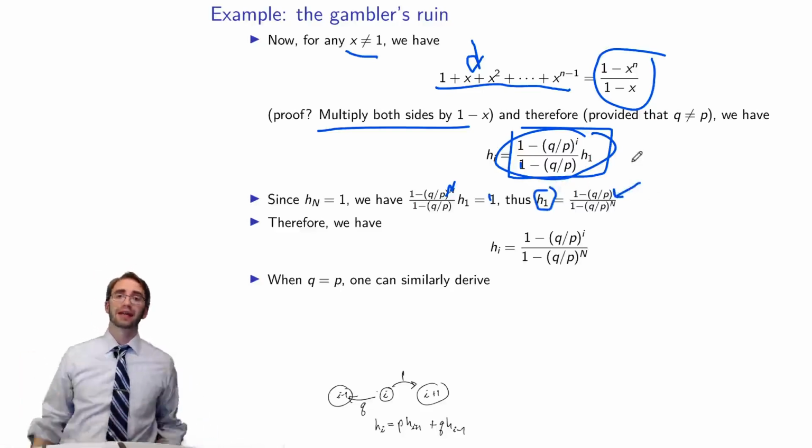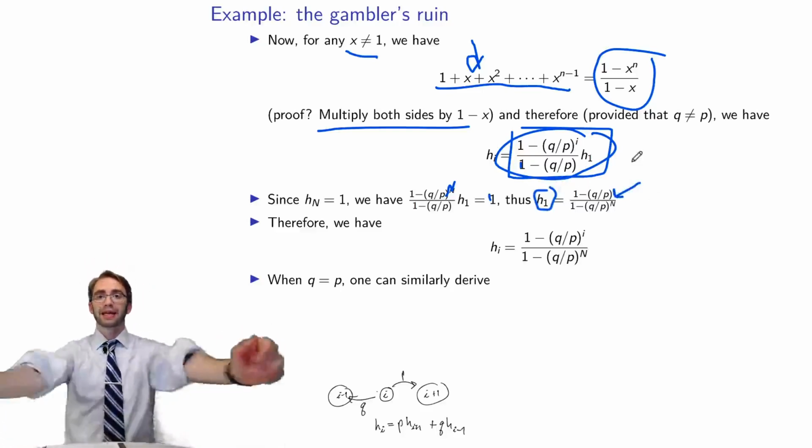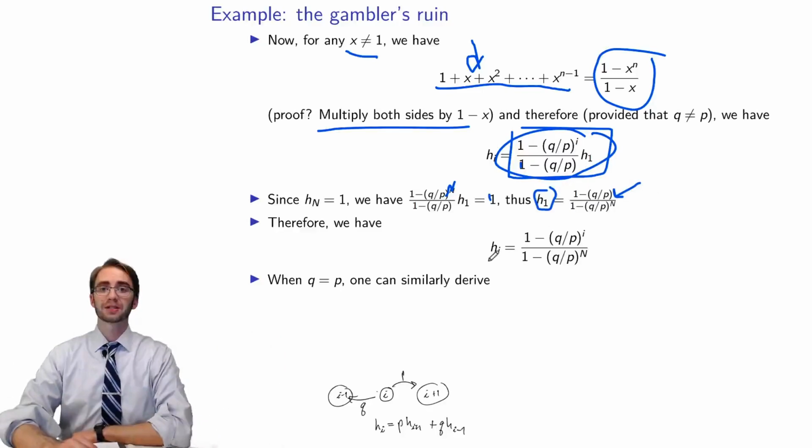So what have I done with all this algebra? I now have a closed form expression for the probability of winning given any of these states. It says H sub I is equal to 1 minus Q on P to the I divided by 1 minus Q on P to the power of N.